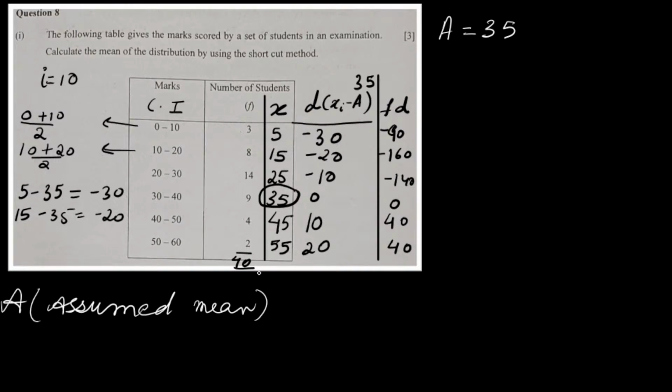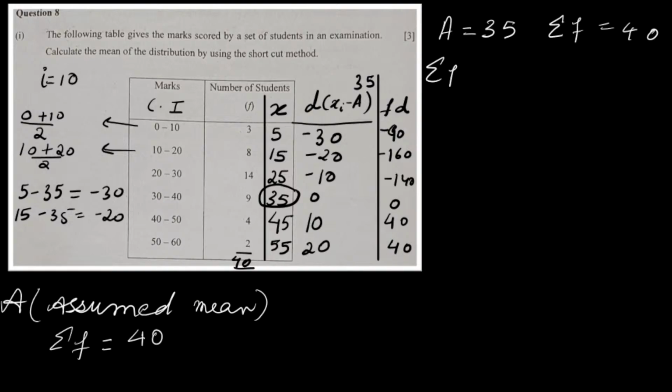Is it 40? Are you getting the total of frequency as 40? Okay, so we write it as sigma f. So sigma f is equal to 40. So here itself I'll write sigma f is equal to 40, A is 35.